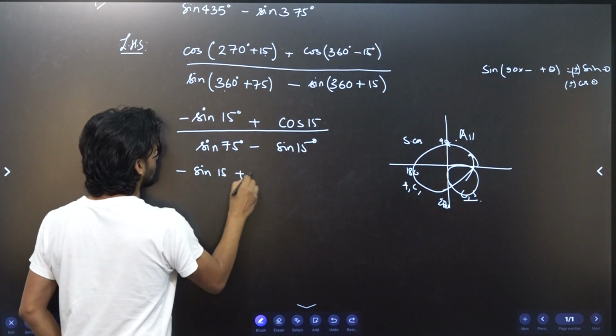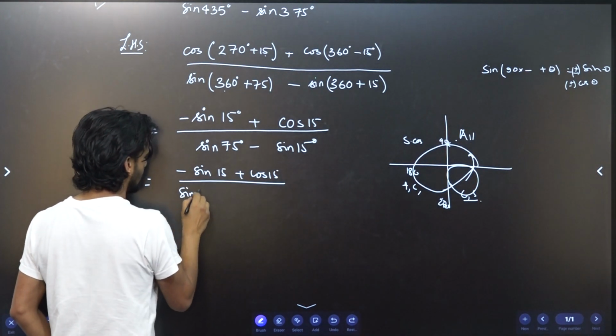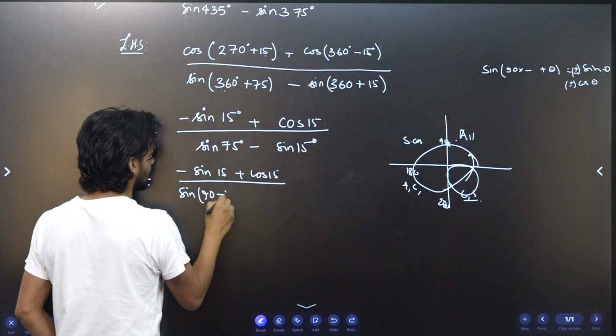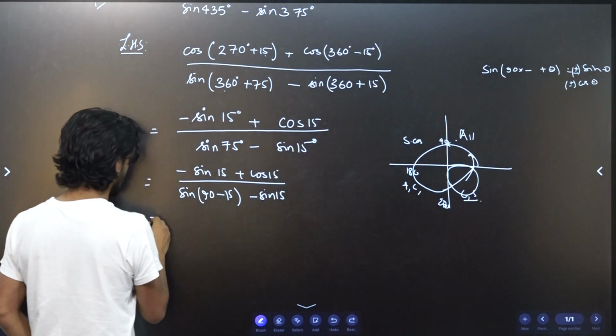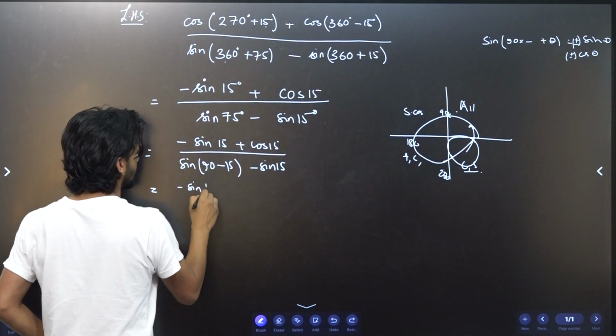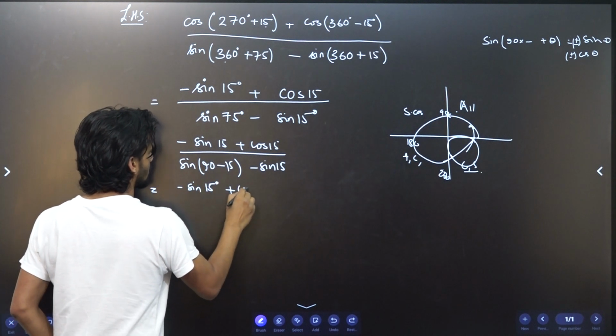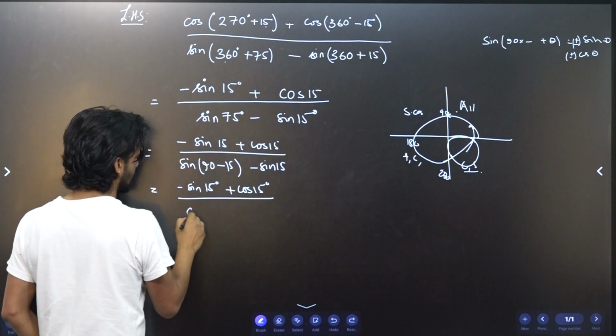Sine 15 plus cos 15 divided by sine 90 minus 15 minus sine 15 equals minus sine 15 degrees plus cos 15 degrees divided by this one changes.